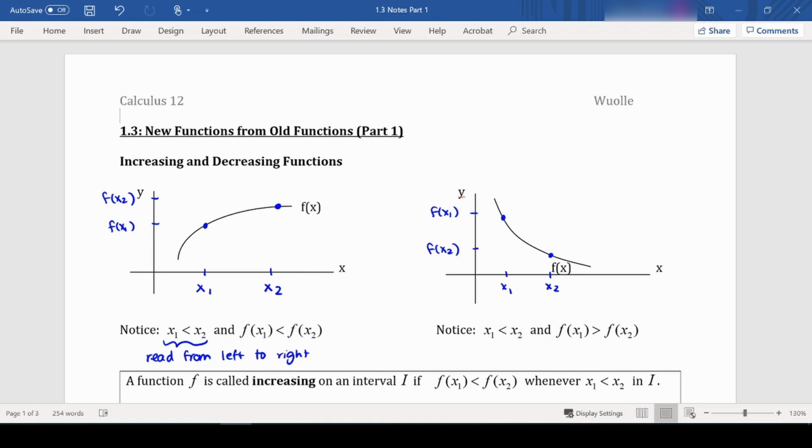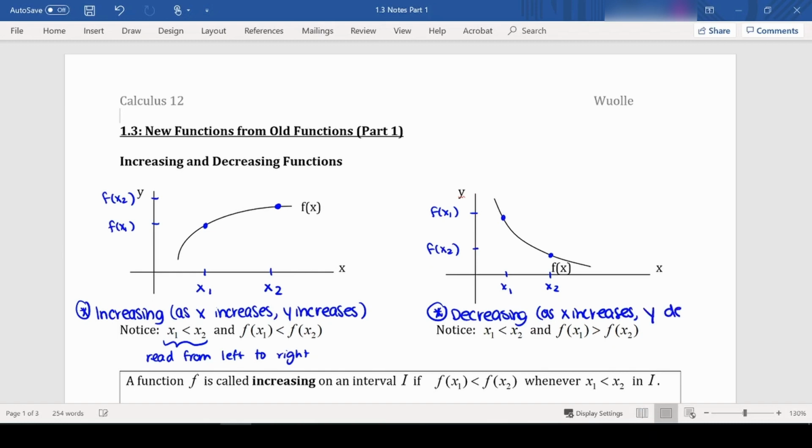Okay, so this is increasing: as x increases, y increases. And this one is decreasing: as x increases, y decreases. So again, fairly intuitive. If you look at the graph and it goes up, it's increasing. If it goes down, it's decreasing.